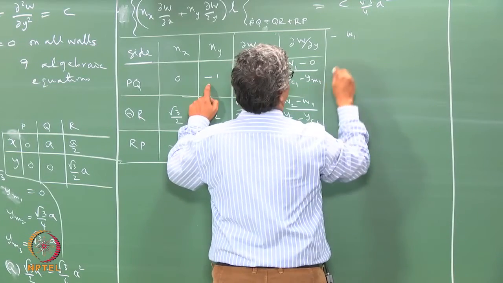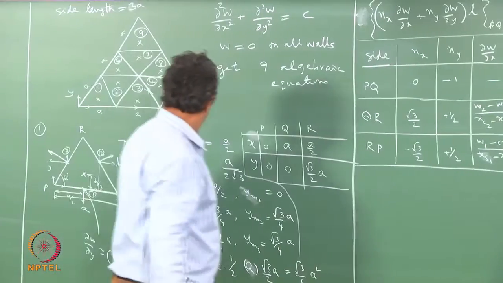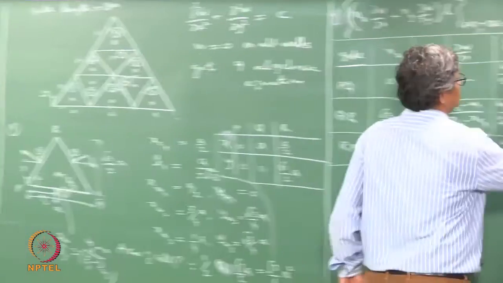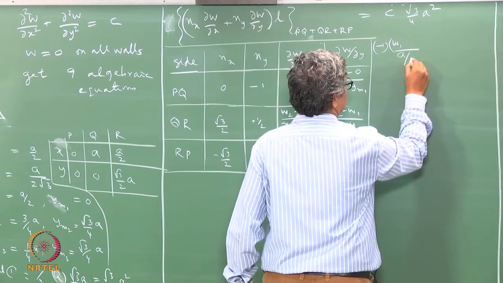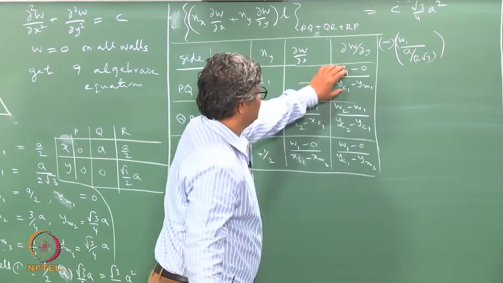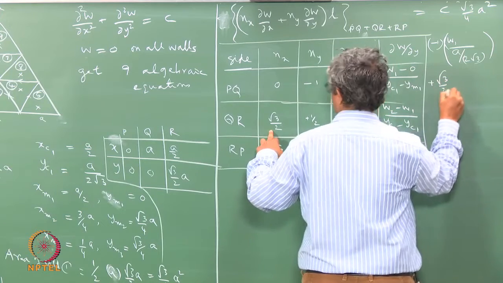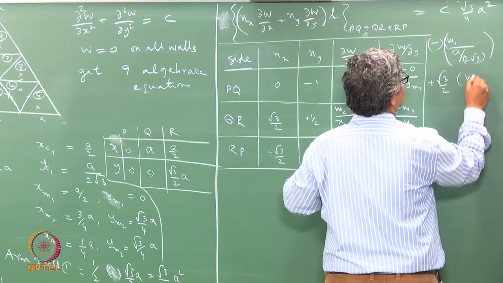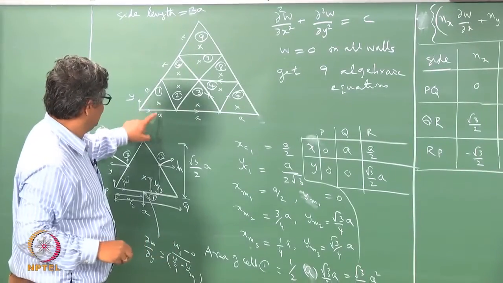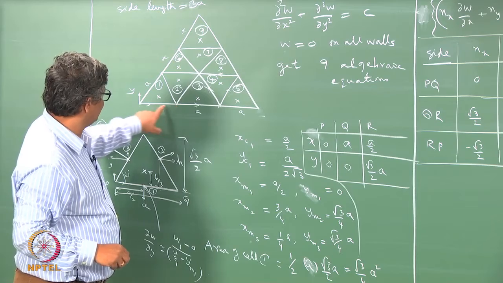minus w1, we have minus 1 times w1 divided by ym1 is 0, okay, ym1 is 0, and yc1 is h by 3, so this is what we are getting from this, plus square root of 3 by 2 times w2 minus w1 over xc2 minus xc1. So, xc2 is at a distance of a here, and xc1 is a by 2.